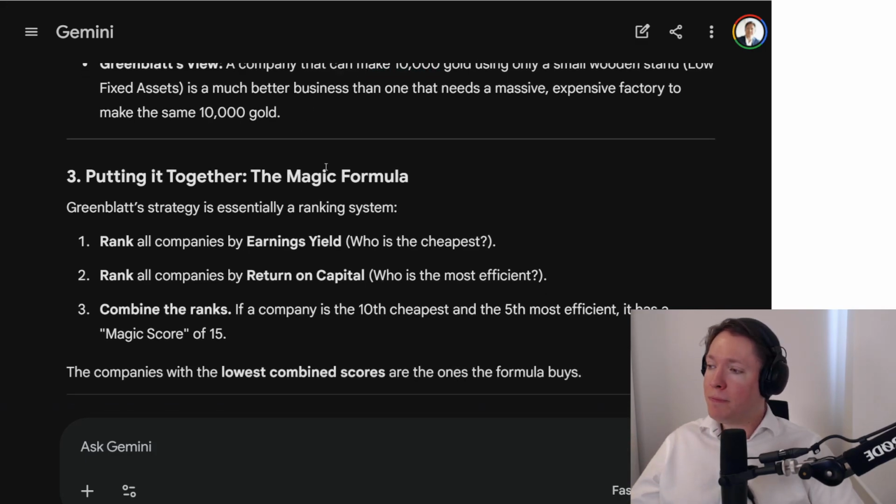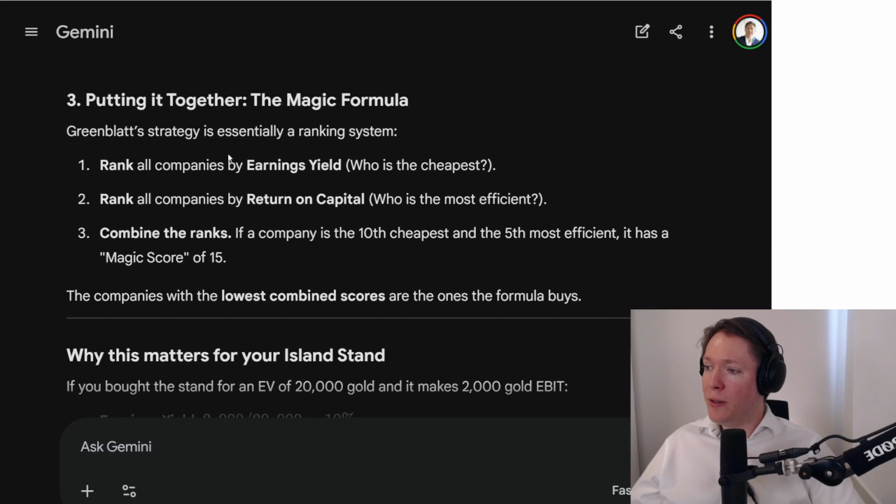Okay, so together we want to rank the earnings yield. What is the cheapest business? And then rank by the most efficient businesses, return on capital. And we combine the ranks. That gives a magic score.